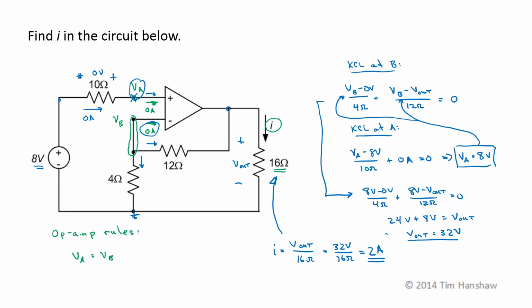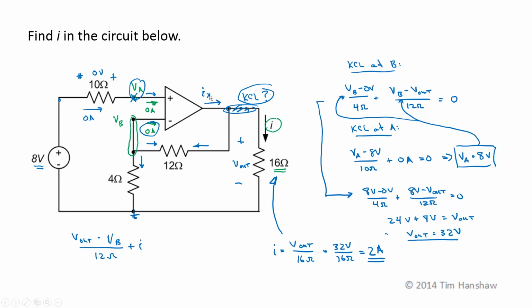Now, notice that we solved for V out here rather than I directly. It would be really tempting, if we want to find a current here, to do KCL at this terminal. But that's not really actually a very good idea. Because if we do KCL at this terminal, I'll get V out minus VB over 12 ohms, which is going to be this current, plus I, plus this current here.